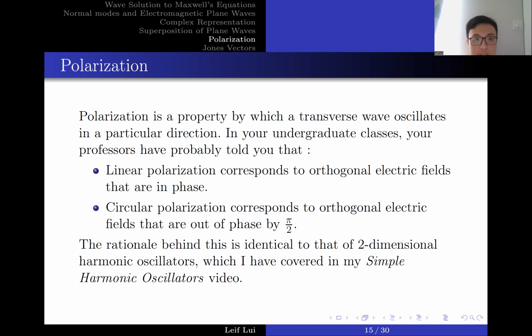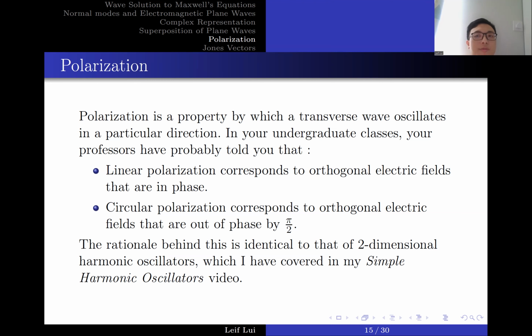Polarization is a property by which transverse waves oscillate in a particular direction. For those of you who've done a little bit of optics before in your undergraduate class, your professors have probably told you that linear polarization corresponds to orthogonal electric fields that are in phase. Circular polarization corresponds to orthogonal electric fields that are out of phase by pi/2.